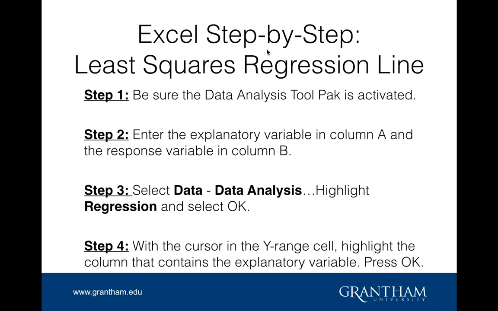You're going to put the explanatory variables in column A and the response variable in column B. You're going to use data analysis and highlight regression. And what this is going to do is actually give you the formula for it. To draw the line is a lot simpler than this. So let's go ahead and do that.